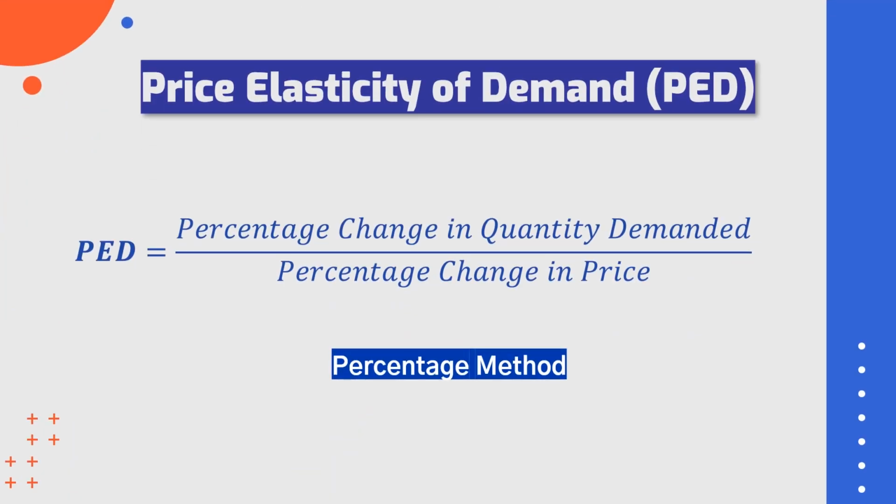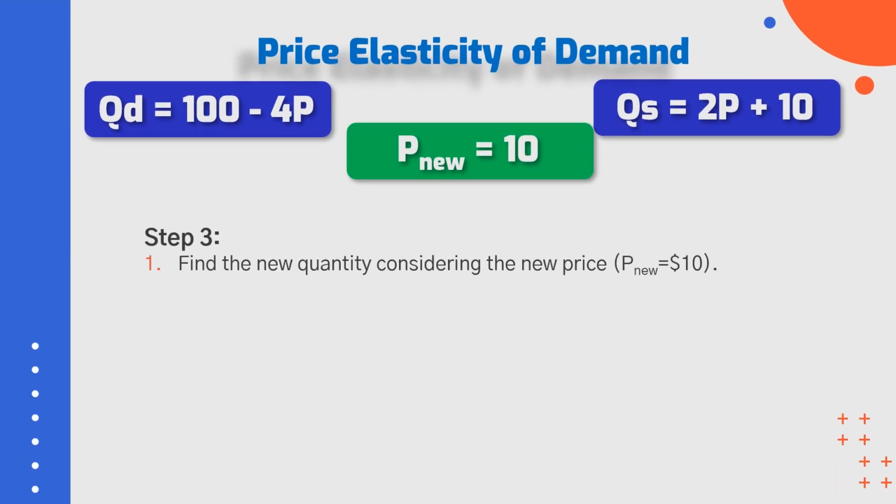So remember, in order to find the price elasticity of demand or PED, we need to find the percentage change in quantity demanded divided by the percentage change in the price. It's something which is called the percentage method. So find the new quantity considering the new price, 10. Remember, we're working with the demand equation, not the supply one, because we are asked to determine the price elasticity of demand.